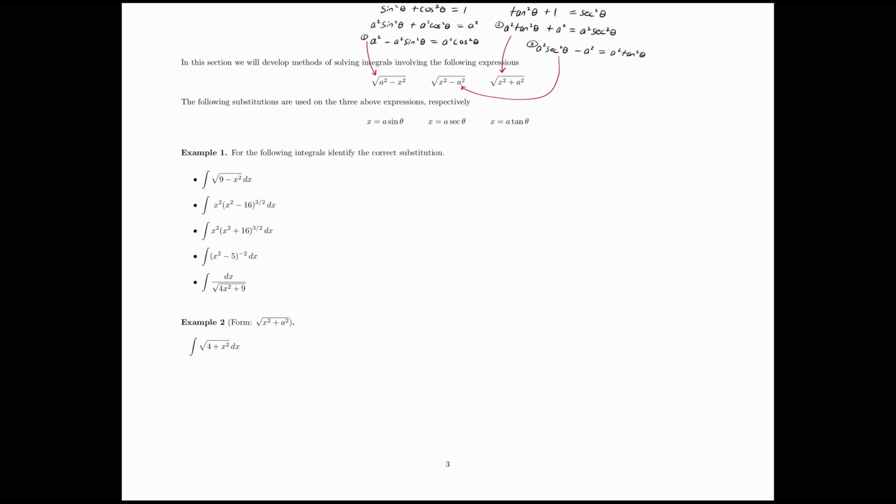So really, ideally, we want the coefficients here to match, right? If this is an a squared, so let's say this is 9, we want this to be a 3 sine theta, because when we square it, we want this 3 to match the 9. So down here, the correct substitution would be x equals 3 sine theta.